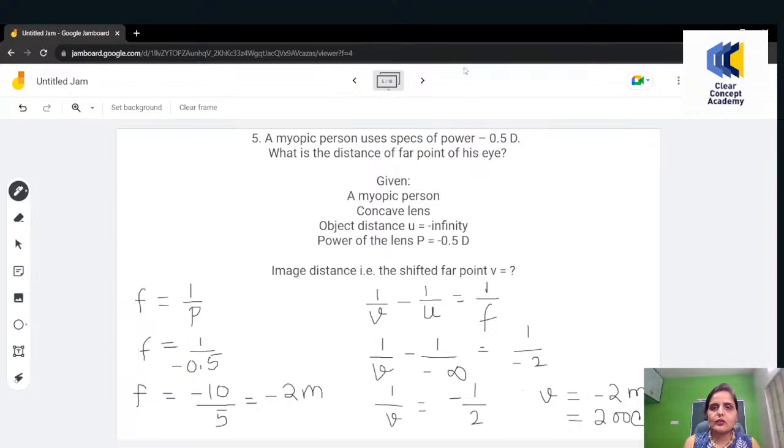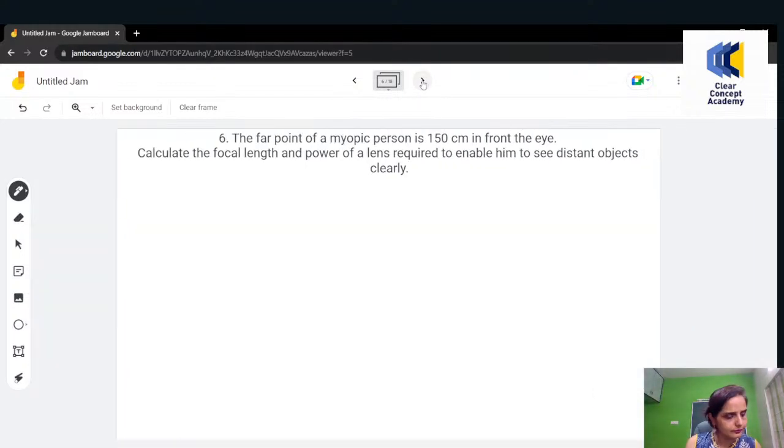Now let's move on to the next question. The far point of a myopic person is 150 centimeter in front of the eye. What information has been provided? Whenever they mention that the defect is myopia, and then they give you the far point, it is the shifted far point, and the shifted far point is denoted by the image distance v.